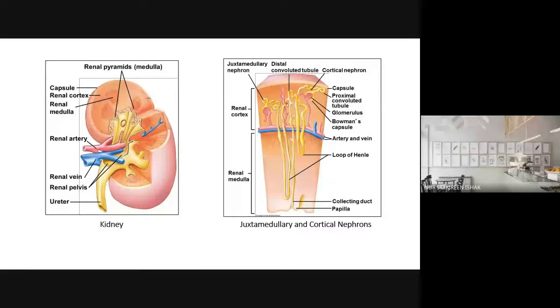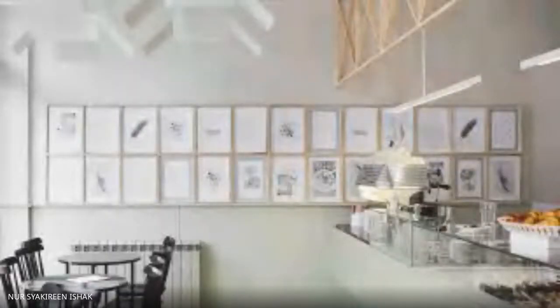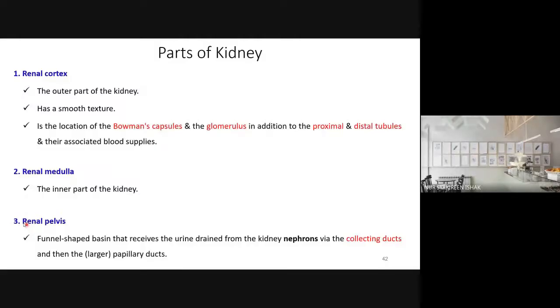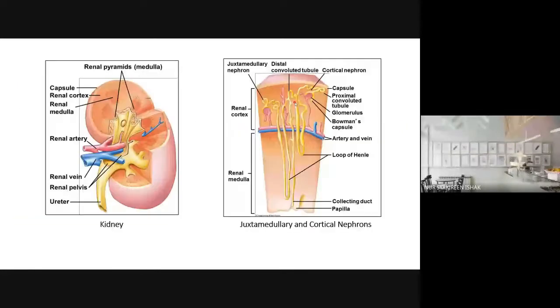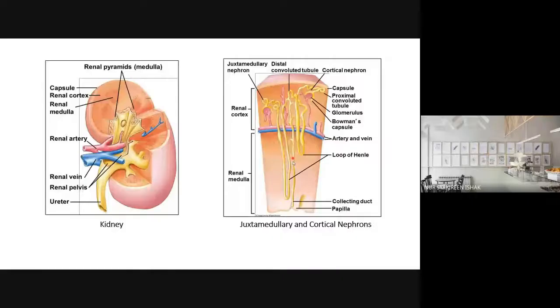The filtrate from several nephrons will enter into the collecting ducts before it enters into the next region, the renal pelvis.